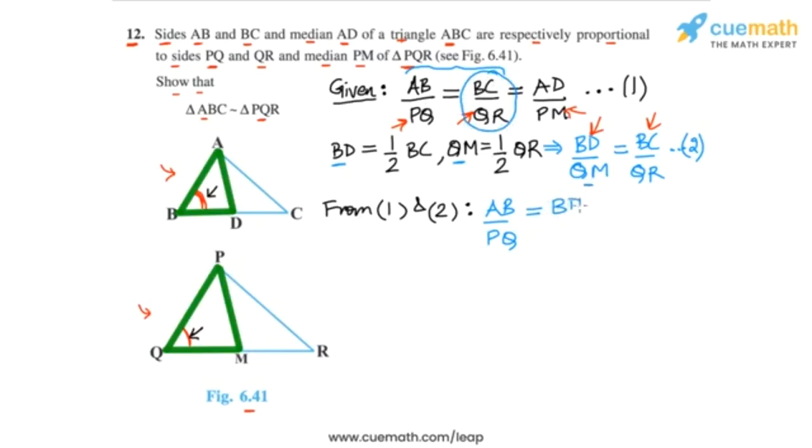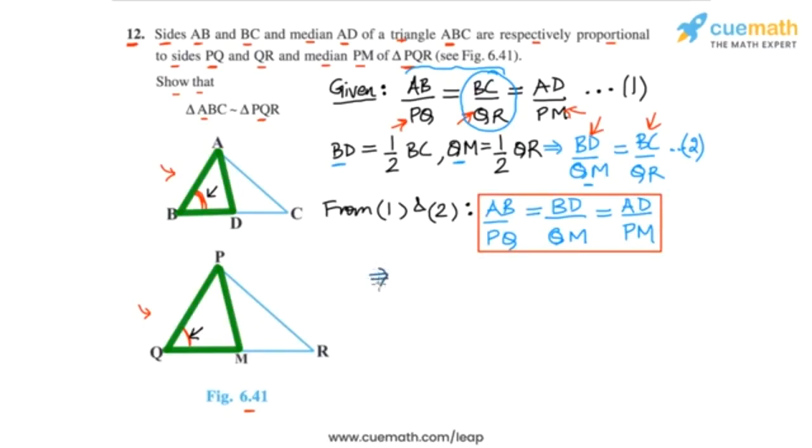So AB by PQ equals BD by QM equals AD by PM. So in these two triangles ABD and PQM, all the three pairs of sides are in the same ratio, and this means that these two triangles will be similar using the SSS similarity criterion.